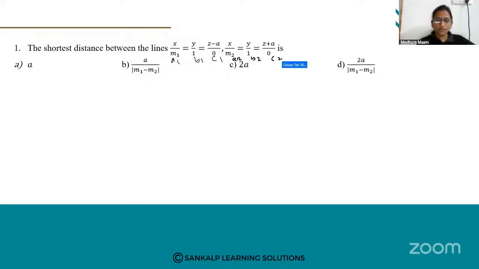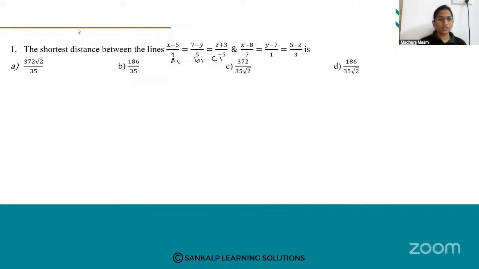Here also x2 will be 0, because this is x minus 0, y minus 0, this is minus a. This question is a straight away question. I will leave this for you as homework and the answer would be 2a. Fine, so next. Yes, this is again the same question.